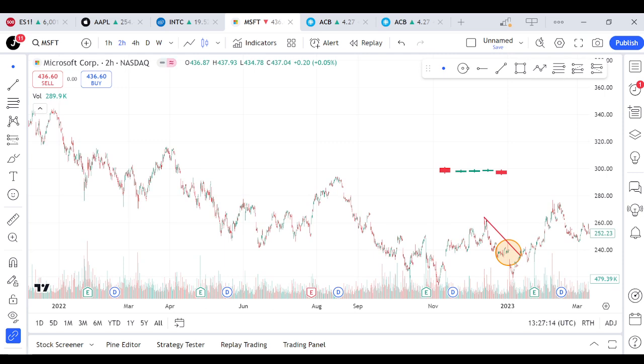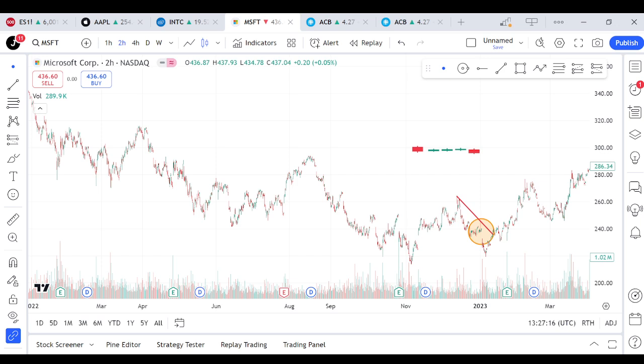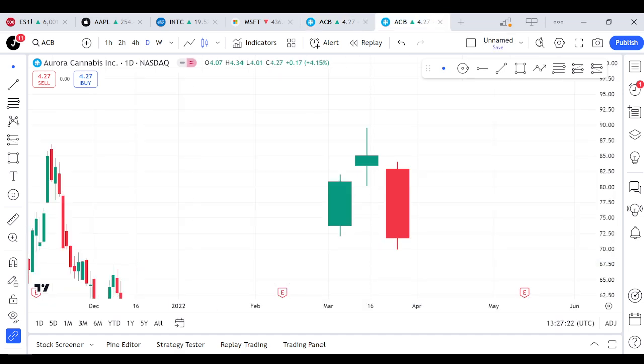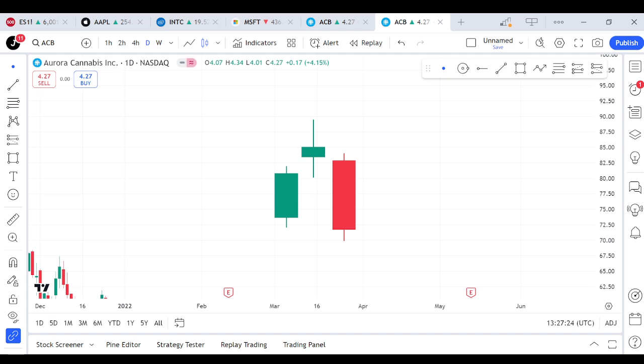The next on my list, we'll be talking about the doji star candlestick pattern. This is the doji star candlestick pattern, and it should be used in a downtrend. It can signify indecision before a potential further downward move.